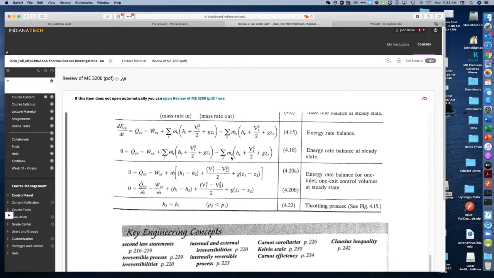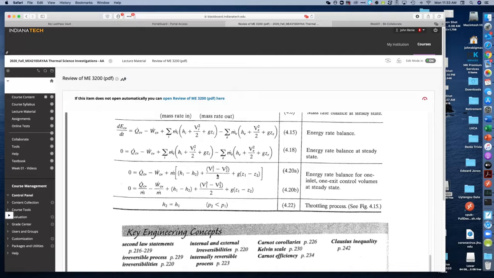And we also recognize that if it's steady state, the conservation of mass would tell us that the m dots are the same, and so we can bring those out of the equation. So these two terms then combine together to give us a difference in the enthalpy, where 1 and 2 are just the inlet and the exit.